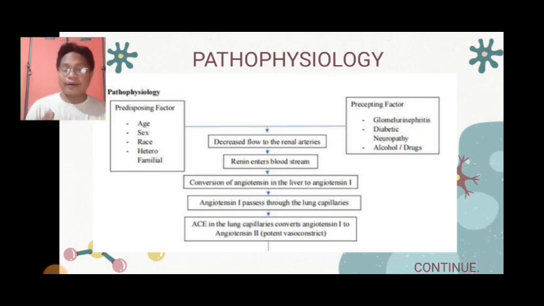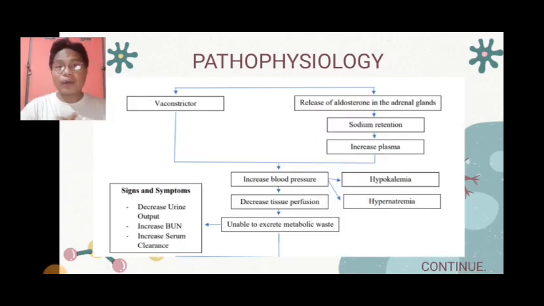It then gives a signal for the release of aldosterone, to get more fluid from the substances that we eat or consume. So aldosterone is released in the adrenal gland because we are lacking sodium.